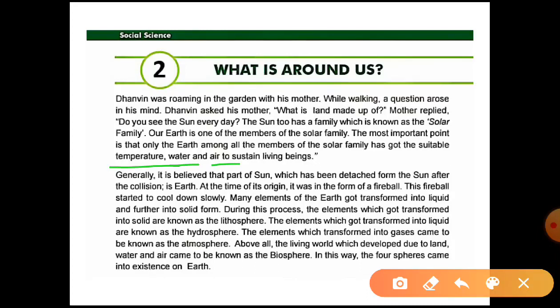Generally it is believed that the part of the sun which was detached from the sun after a collision is the earth. At first the whole solar system was one single huge ball of gases. After this huge ball broke, the earth separated from the sun, and at the time of its origin it was in the form of a fireball.